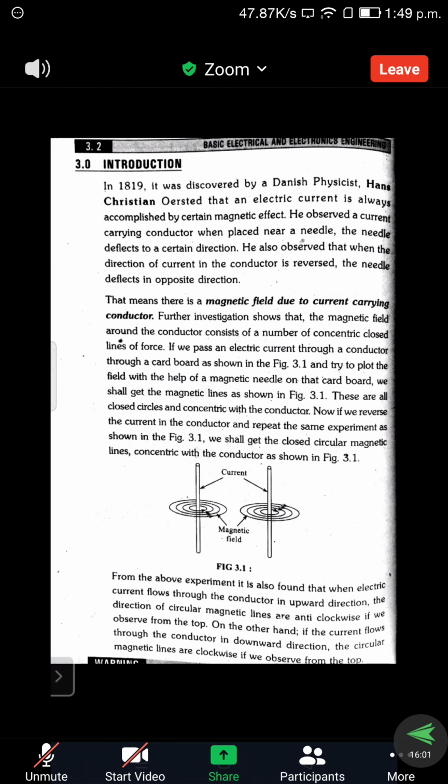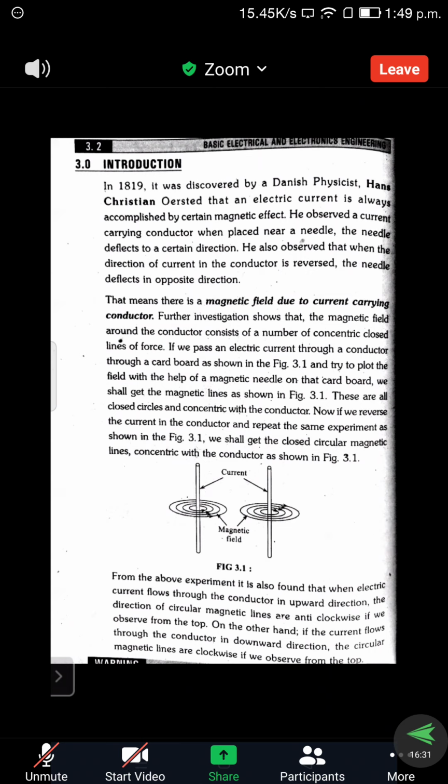He observed that whenever a current is passing through a conductor and a needle is placed near that conductor, the needle is deflected. So what he observed is this: a current-carrying conductor is chosen and a small needle is placed near the conductor, not in direct contact with it.